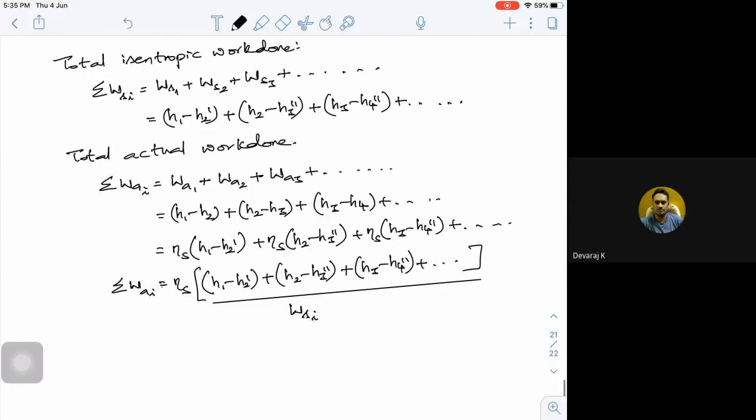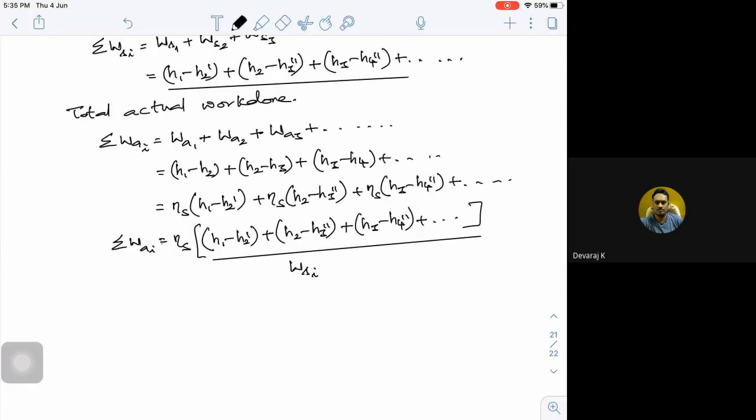If we compare the two, both are the same. So the summation of all work done is equal to the stage efficiency into the sum of the stage work done. Let me call that equation number 3 or 4.